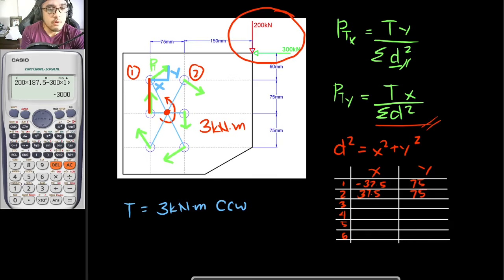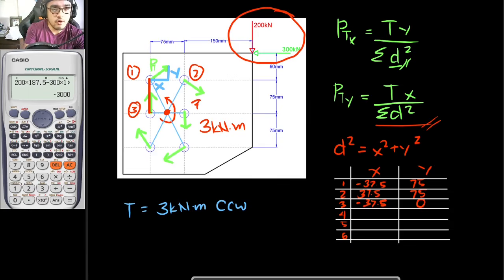And as for bolt number 3, which is this one right here, its x is negative 37.5, and its y component is 0, since it is exactly in the middle when we talk about the y component. And as for bolt 4, this is positive 37.5, and this is 0.